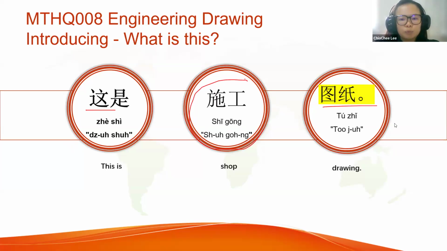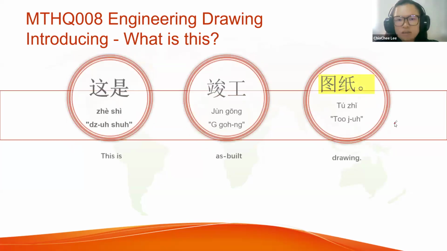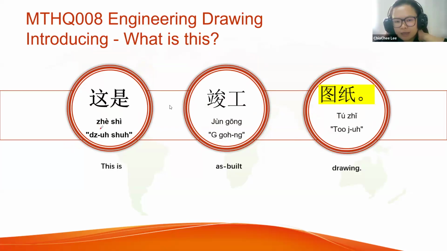And next would be our as-built drawing, which is quite a hot topic. In Mandarin, as-built is called 竣工图纸. 竣 means finish. 工 means the work. So completed works, 竣工图纸. 竣 is like G, fourth tone, G plus in, so Jun.